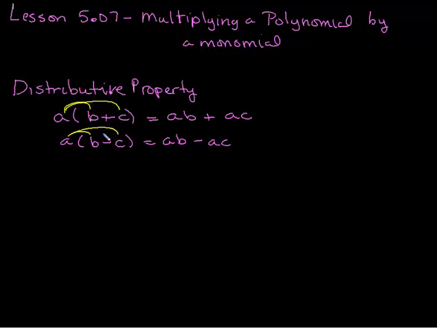Multiplying a polynomial by a monomial uses this property. So anything that we have on the outside of the parentheses gets multiplied into the parentheses, and it gets distributed to each term inside.